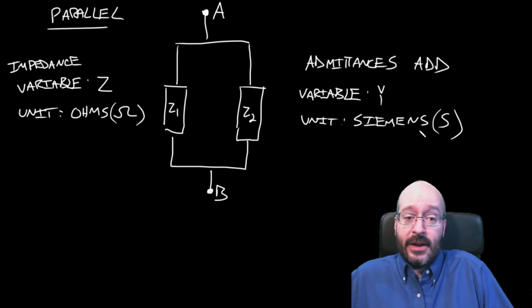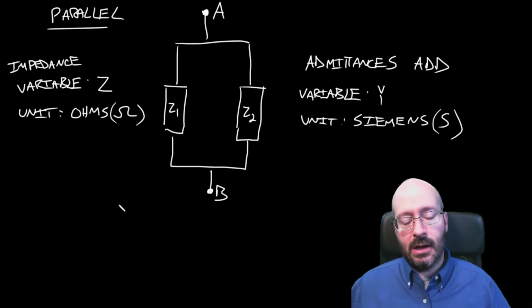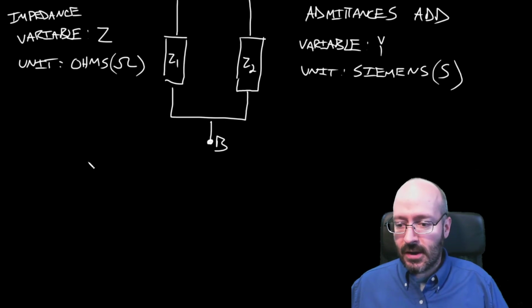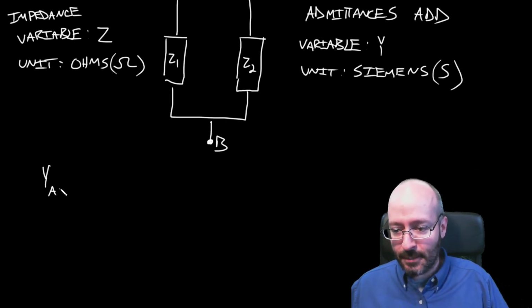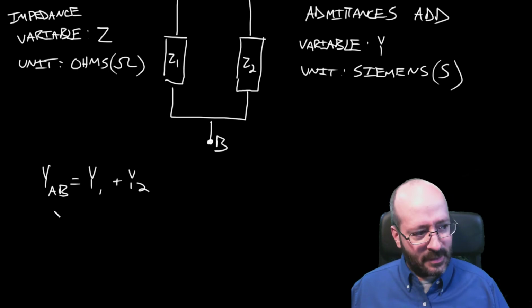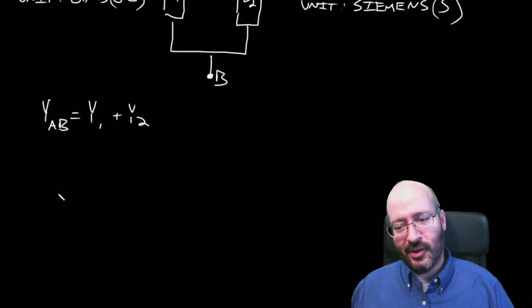Okay, so if we're going to invert it, just like we did before, then we're going to end up with the same inversion, the Siemens. Okay, so the admittances add, so we can say YAB equals Y1 plus Y2. Right? I think we've played this game a few times already.